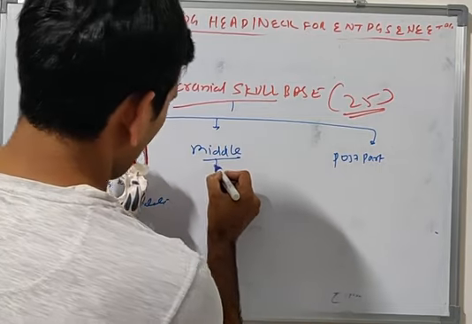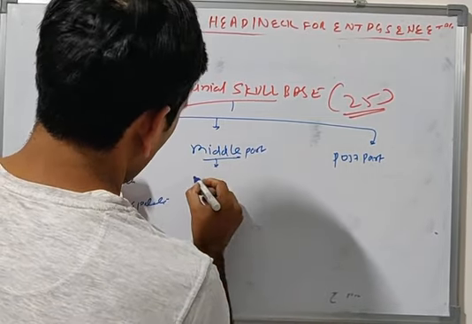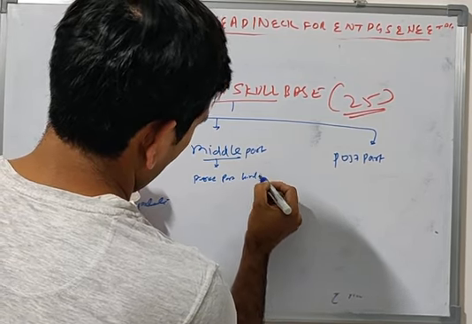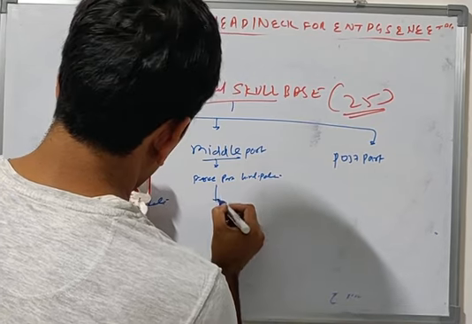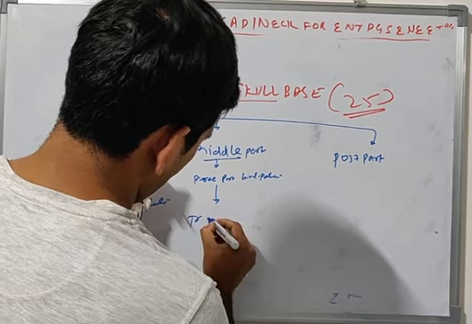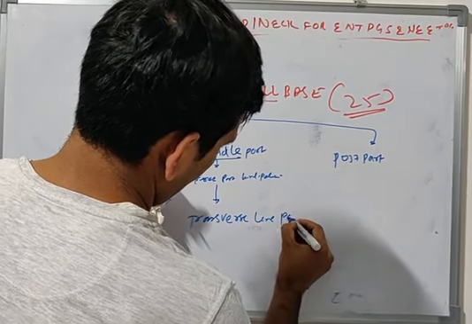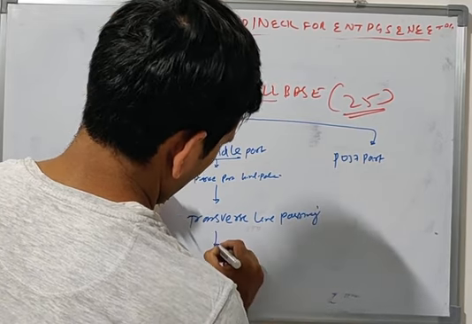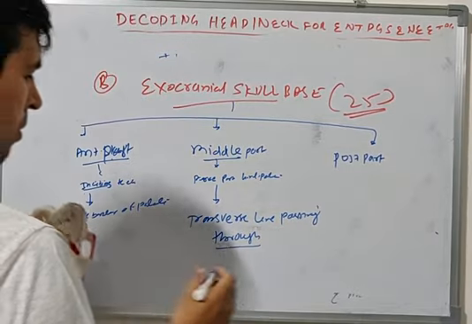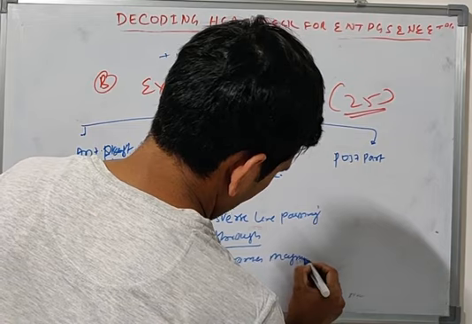Now the middle part of the exocranial skull base is from the free part of the hard palate to a transverse line passing through the foramen magnum.